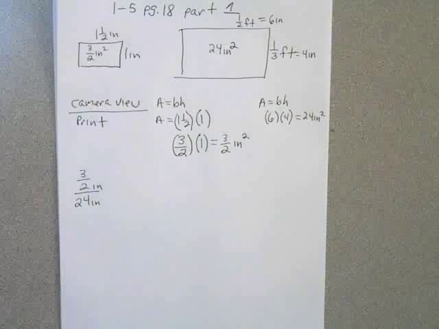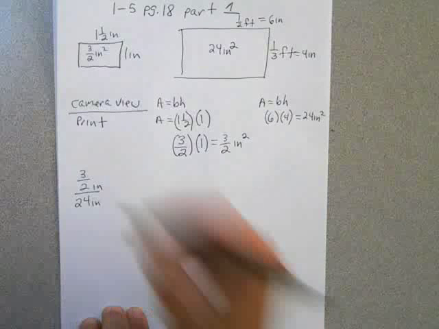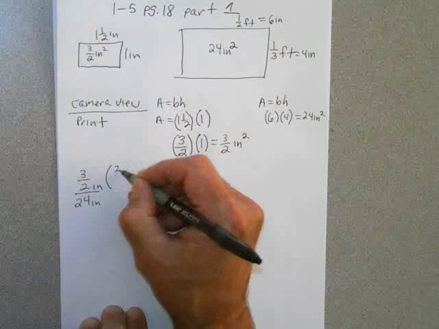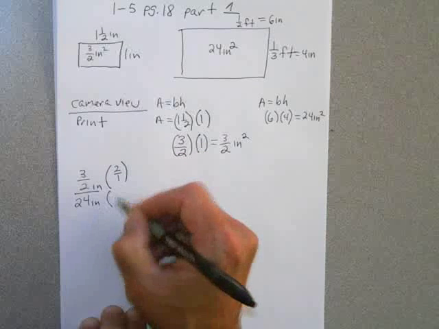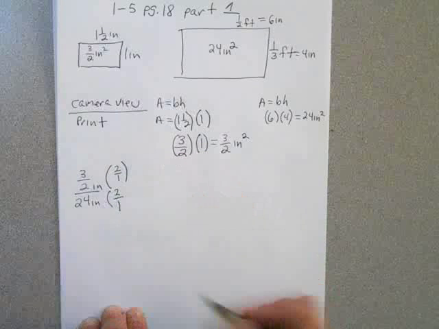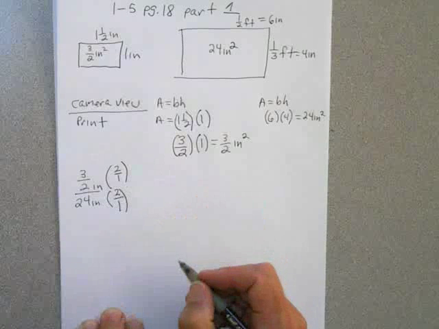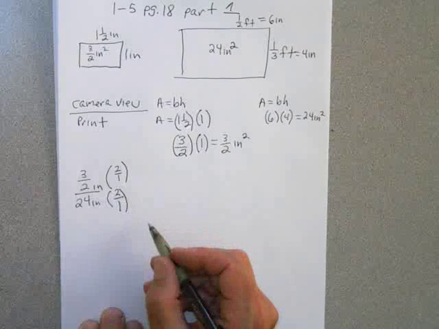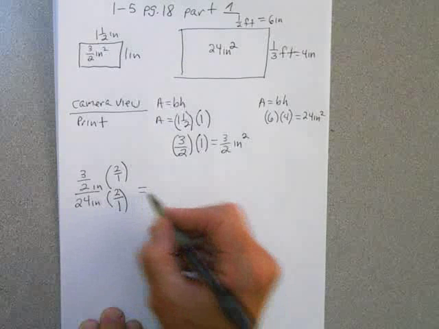What I need to do is get rid of the denominator on 3/2 so that I have 2 whole numbers. In order to do that, I'm going to multiply by 2/1. And the reason I'm going to do that is because, look what happens. 24 multiplied by 2 is 48 inches.